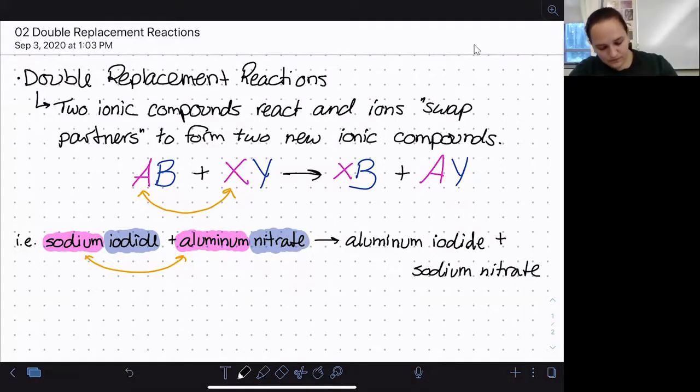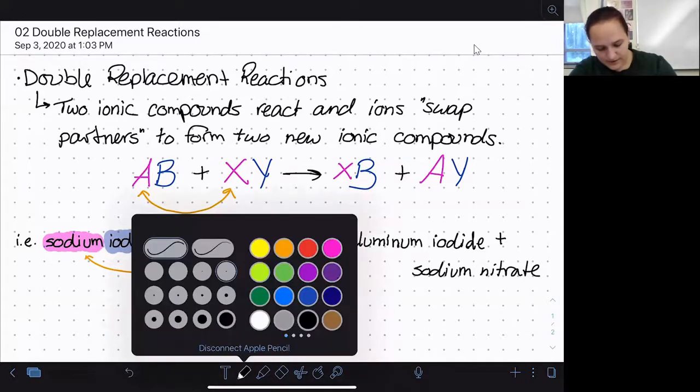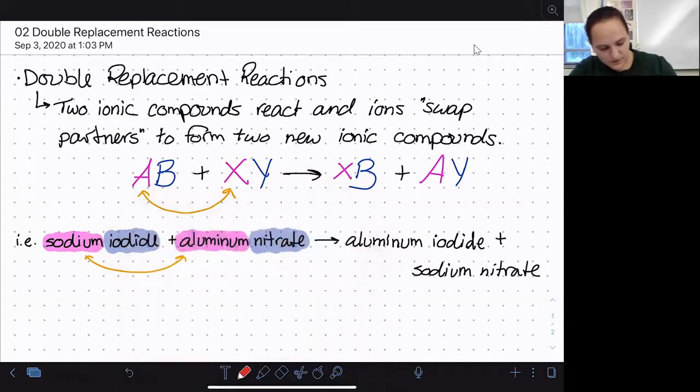So thinking about the charges on our different ions, sodium is in group 1, so it forms +1 ions. Iodine is in group 7, so it forms -1. Aluminum is group 3, so it's +3. Nitrate is one of our polyatomics, so that one just is what it is, which is -1.